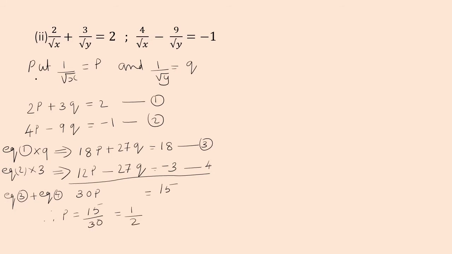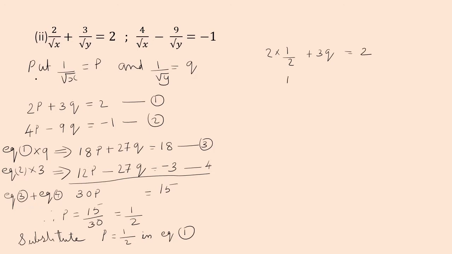Now we have to get q. For getting q, substitute p equal to 1 upon 2 in equation 1. That is 2 multiplied by p, p is 1 upon 2, plus 3q equal to 2.